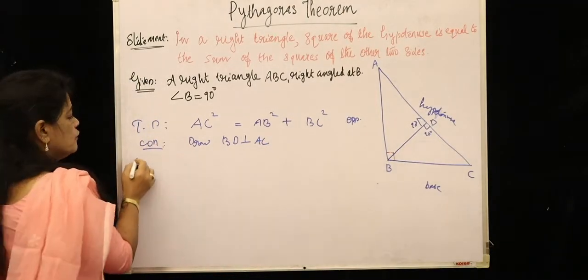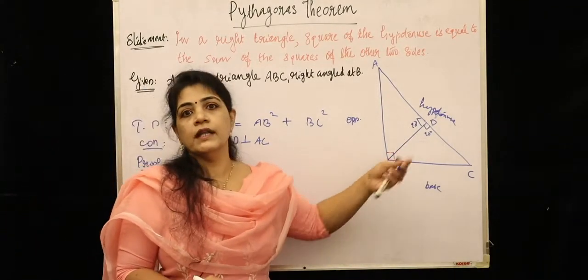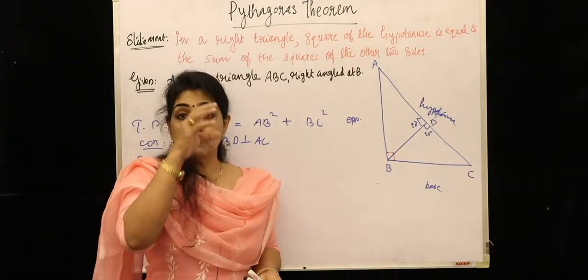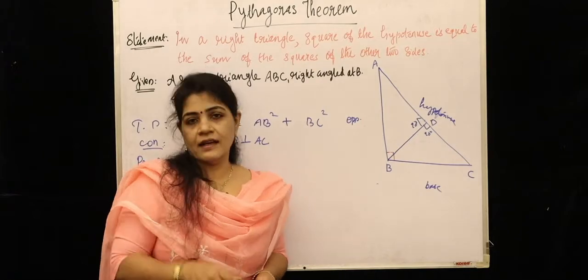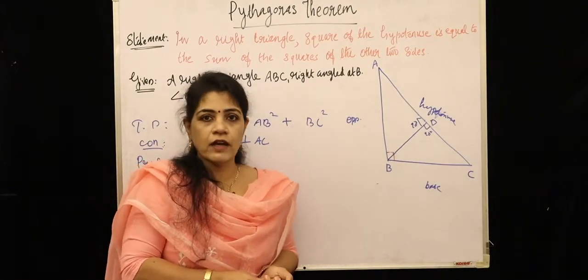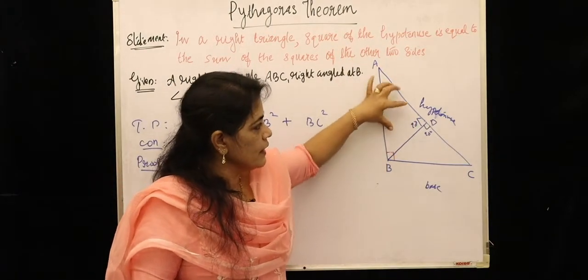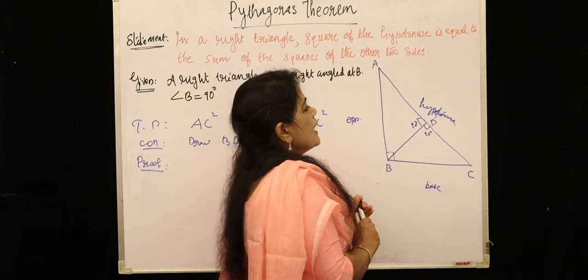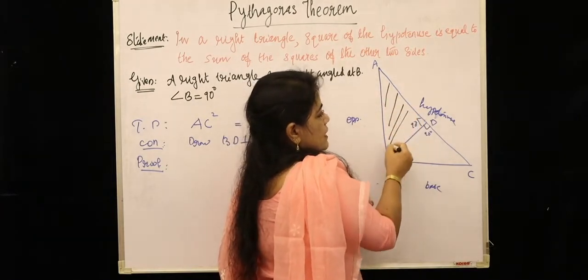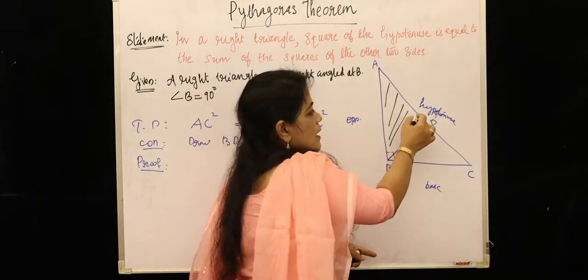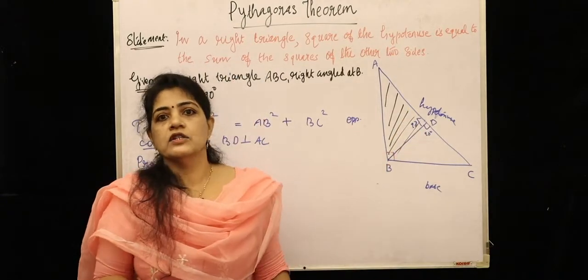Now we can start the proof. After drawing the perpendicular BD to the side AC, this big triangle ABC is divided into two right triangles. Why? Because being perpendicular, angle D of triangle ADB equals 90 degree, so ADB is also a right triangle.